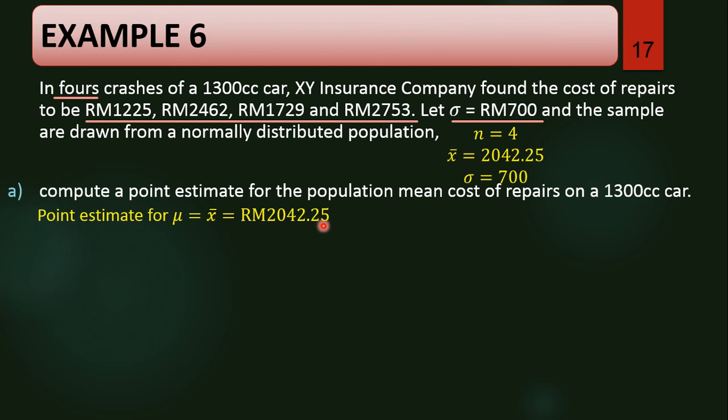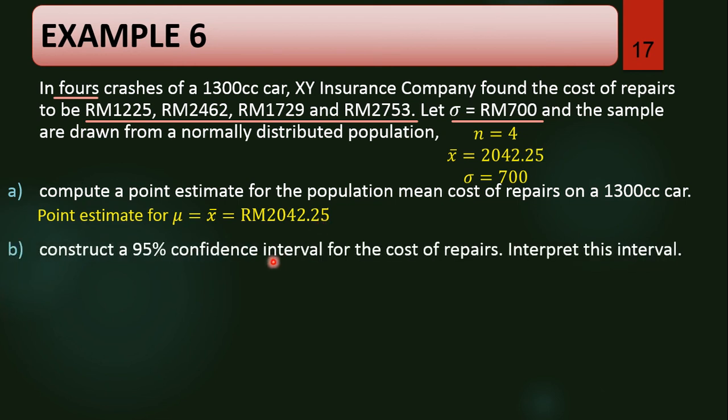Point estimated. Then you need to construct the confidence interval with a confidence of 95%. Then interpret this interval. Because sigma is given, we are using the Z table.